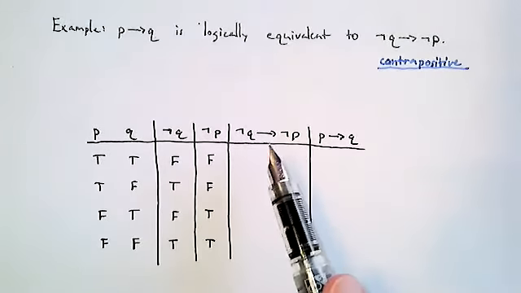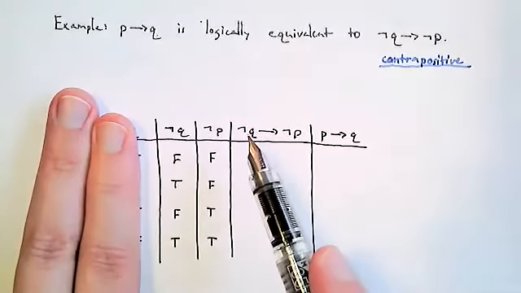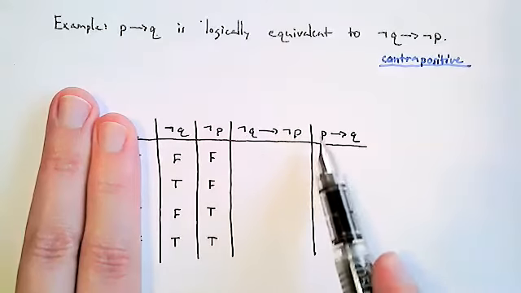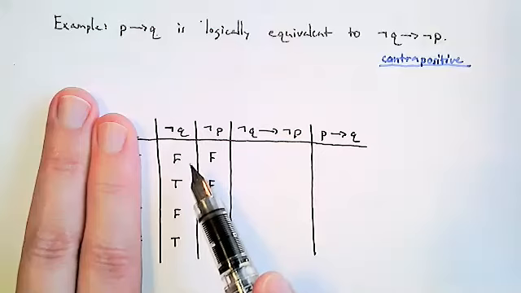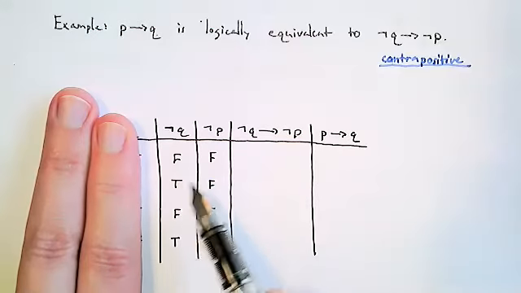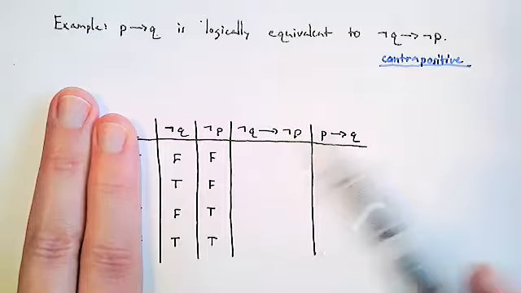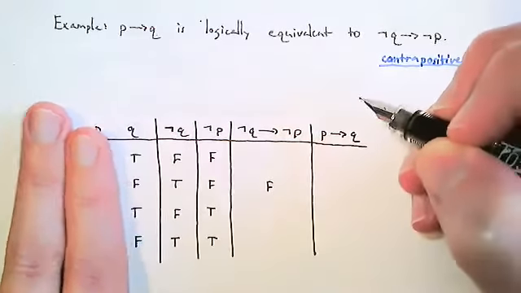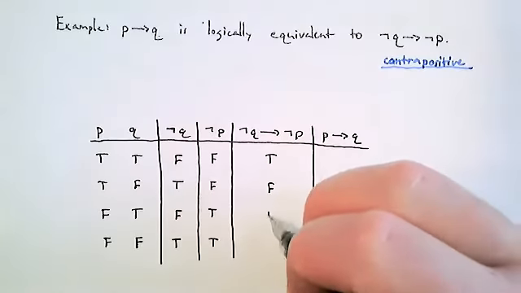And then now for this conditional, we'll ignore that and we'll look for the only possible false, where we have a true on the left side and a false on the right side. So that's this row. We have a true on the left and a false on the right. That's where the conditional is false. And then everywhere else is true.